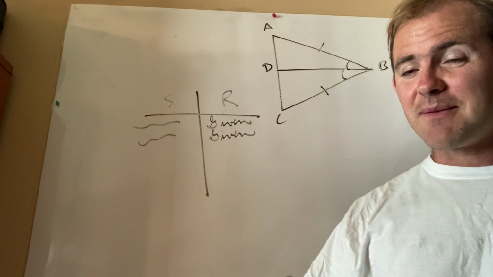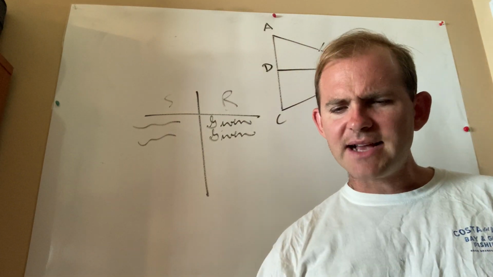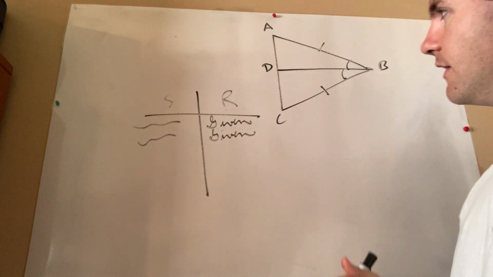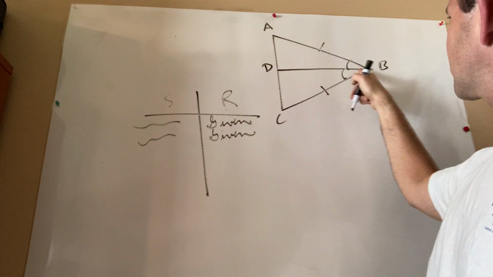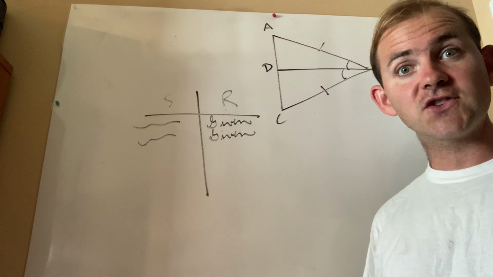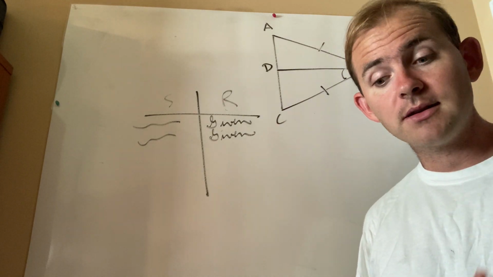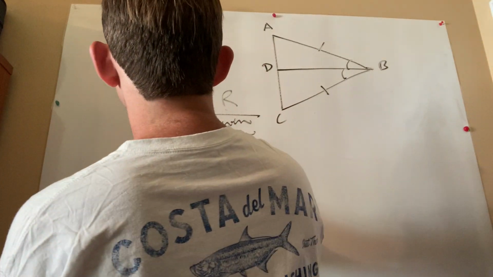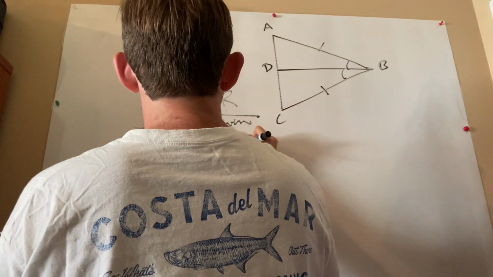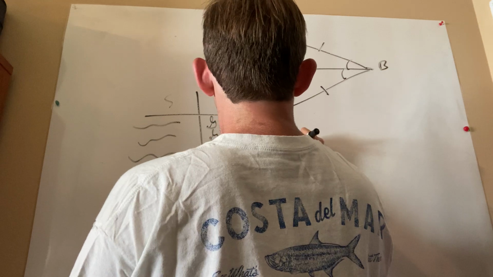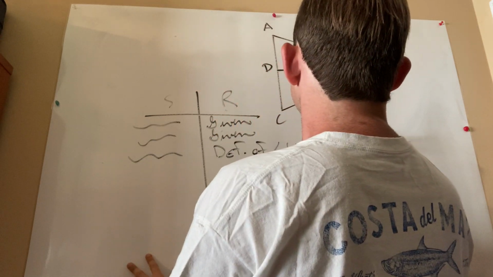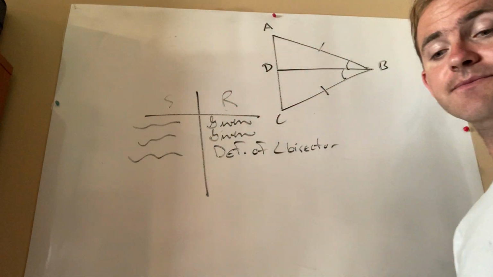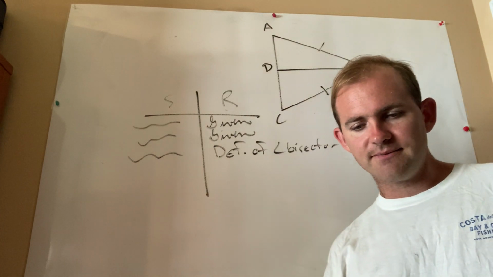In the previous step, they told me that BD bisects angle ABC. That means that this thing right here splits the angle into 2 equal parts. So the reason that I'm able to say that those 2 angles are congruent is the definition of an angle bisector.